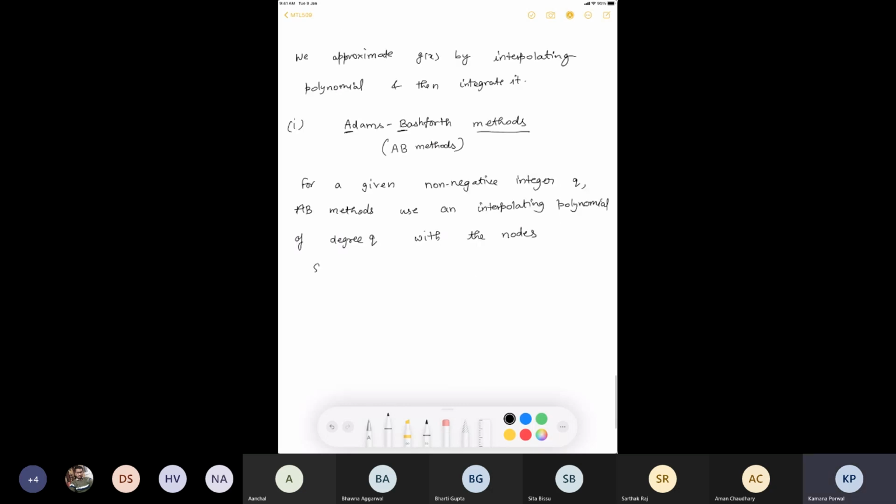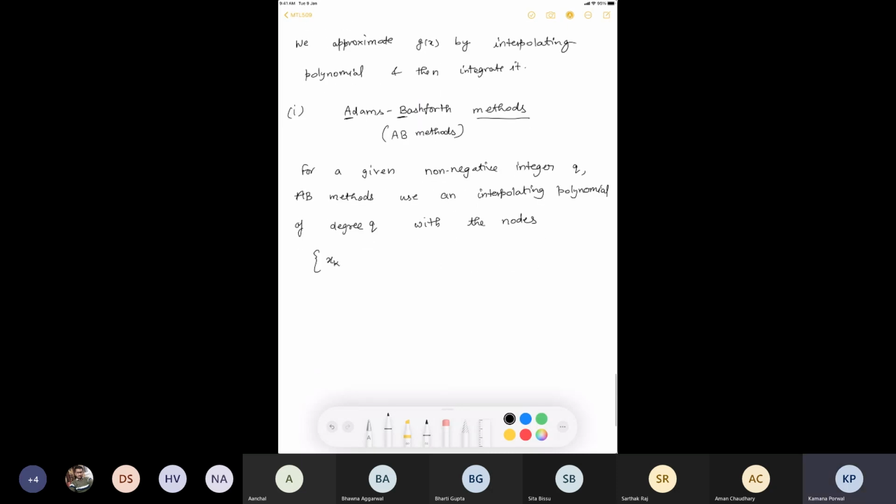So what is the set of nodes we are going to take? As I said, I'll not just stop at xk, I'll go further. This is of degree q, so how many points do I need? If I want a polynomial of degree q, I need the information at q plus 1 nodes, right?